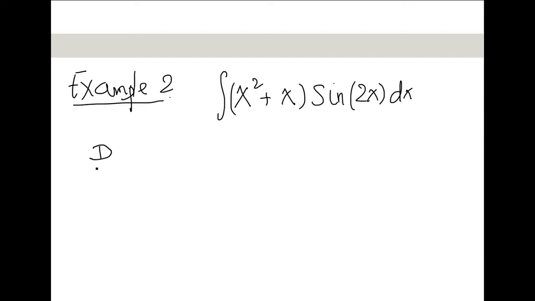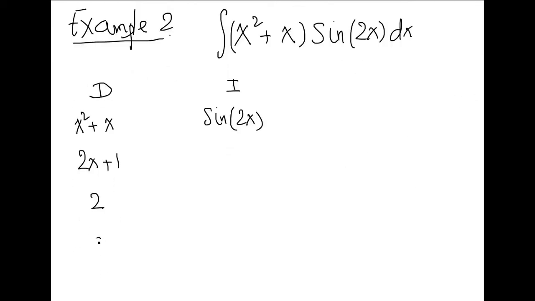Then we begin with the first column derivative. We'll take polynomial x squared plus x, and then for integration we use sine of 2x. Keep taking the derivative, 2x plus 1, and then 2, and finally 0.